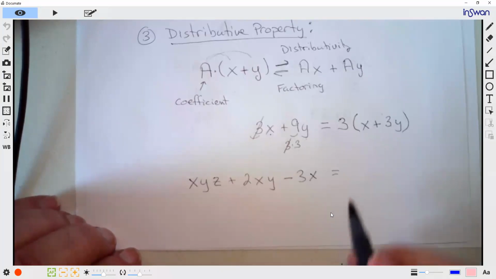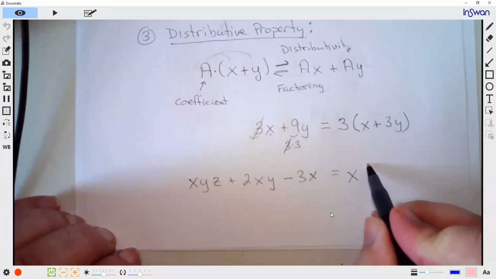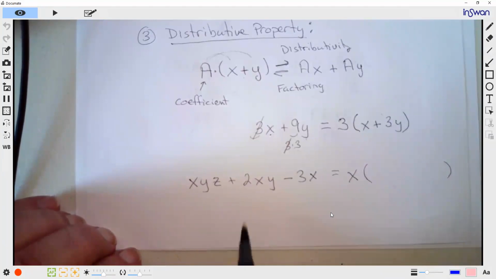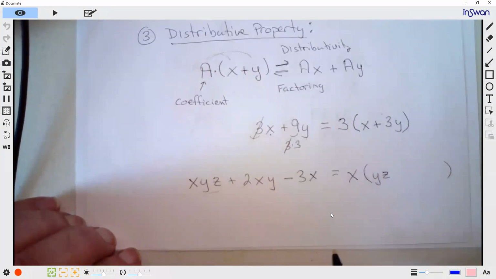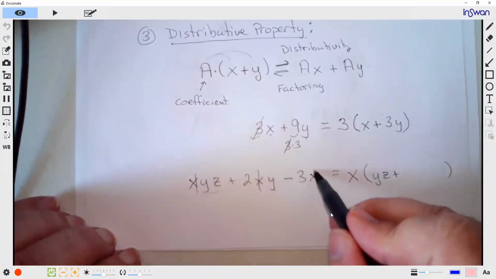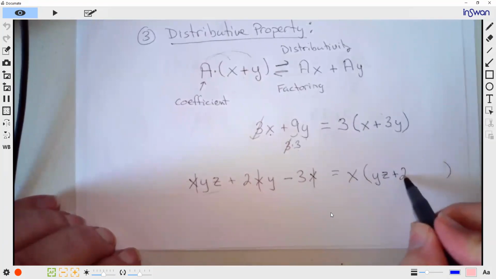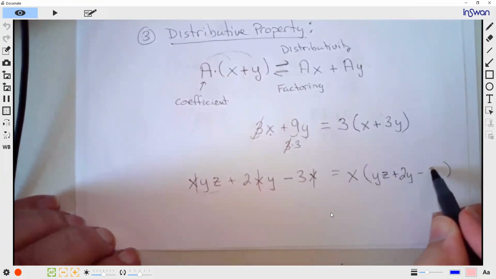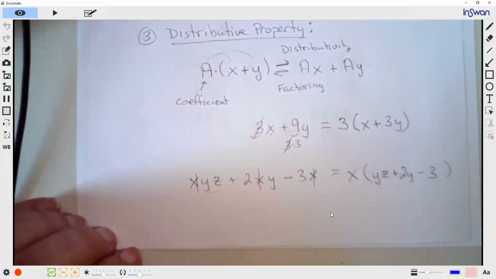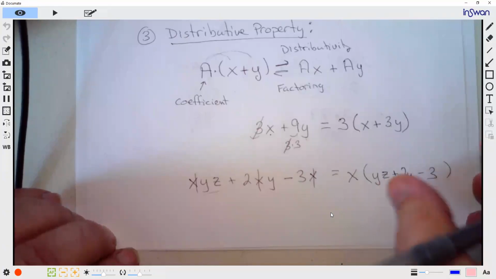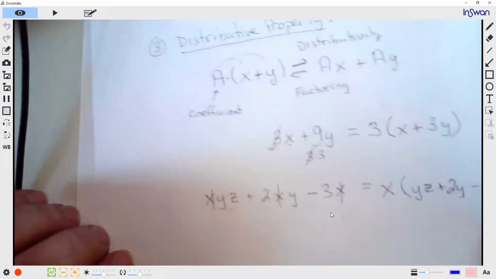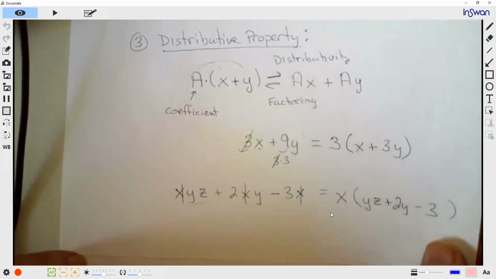The only thing they have in common is an x. I factor out the x. I'm left with yz. I get rid of the x's. I have 2y. And there. So it doesn't matter how big it is or how small, it's the same process. And that's how you simplify things.